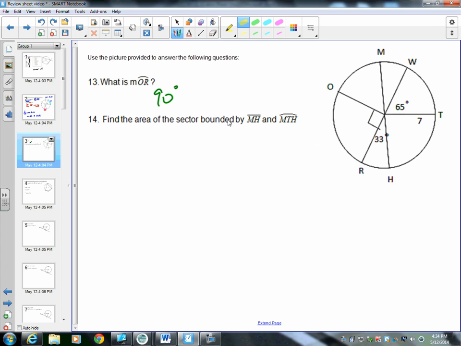We want it bound by segment MH, so from M to H. Let's go back to the green. From M to H, that segment right there, and the arc MTH, so M around to T, then down to H. So we want this sector. I'm going to color it in.